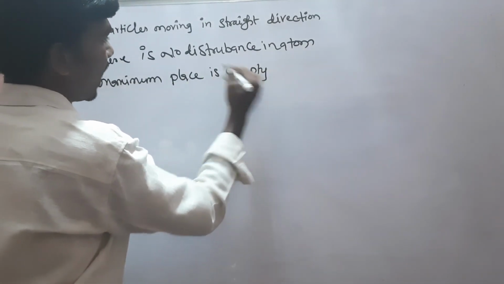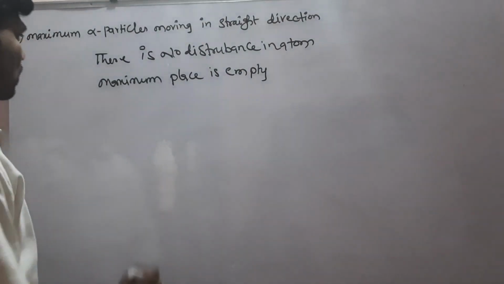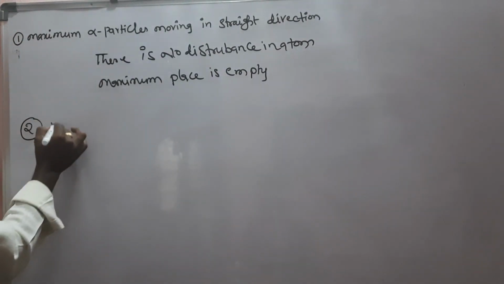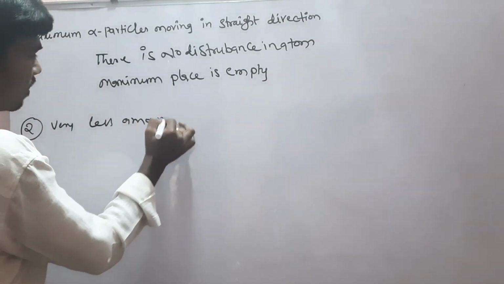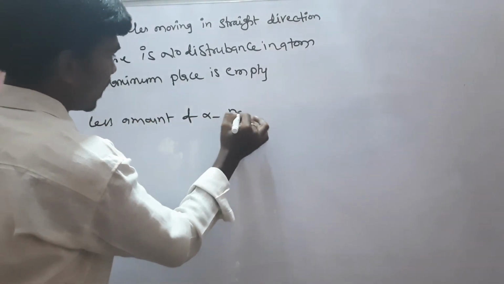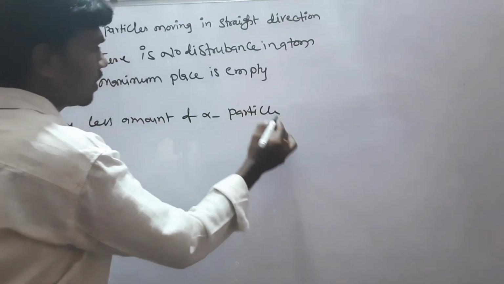He told that the maximum place is empty in an atom. The second observation is that a very small amount of alpha particles bounced back.